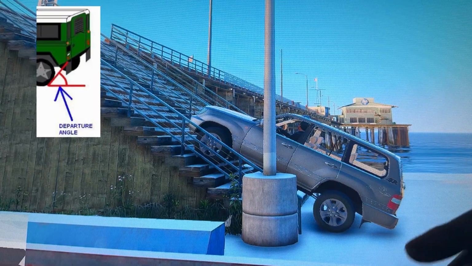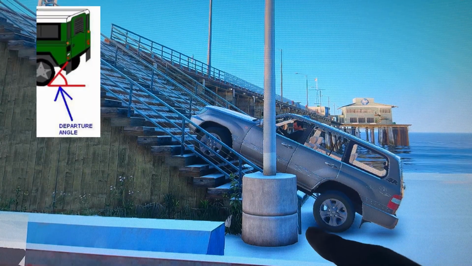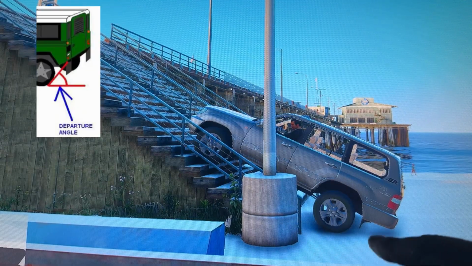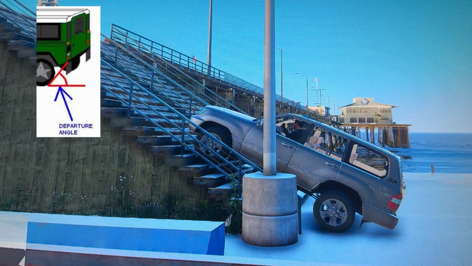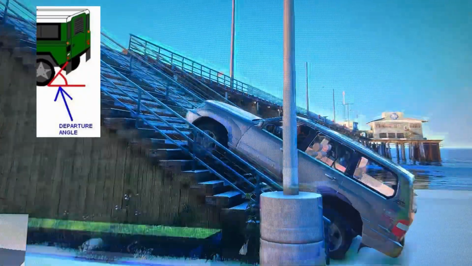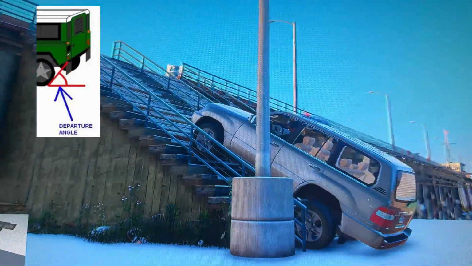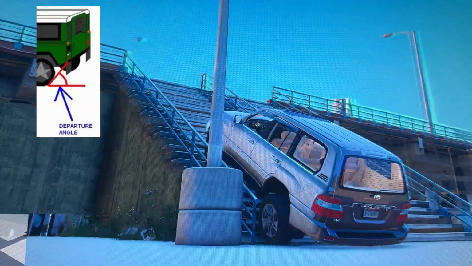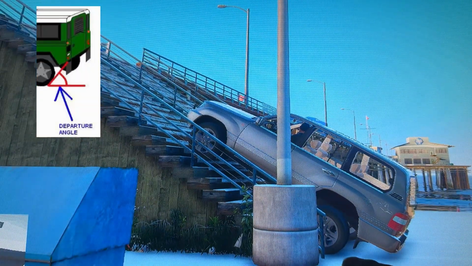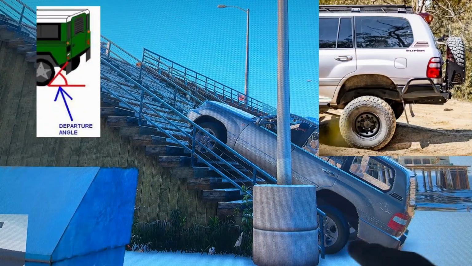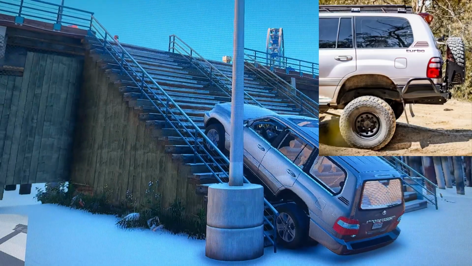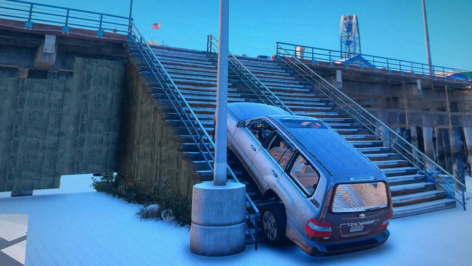Generally you want your rear wheel to touch the obstacle before your body does. When I try to go forward here, my rear bumper is going to scrape and probably even come right off the hinges. So it has to be either cut like this, or removed entirely. So that's the approach angle and the departure angle done.